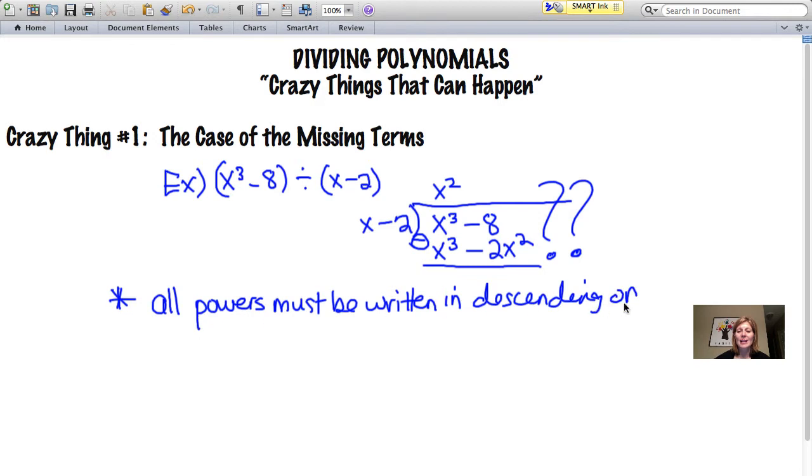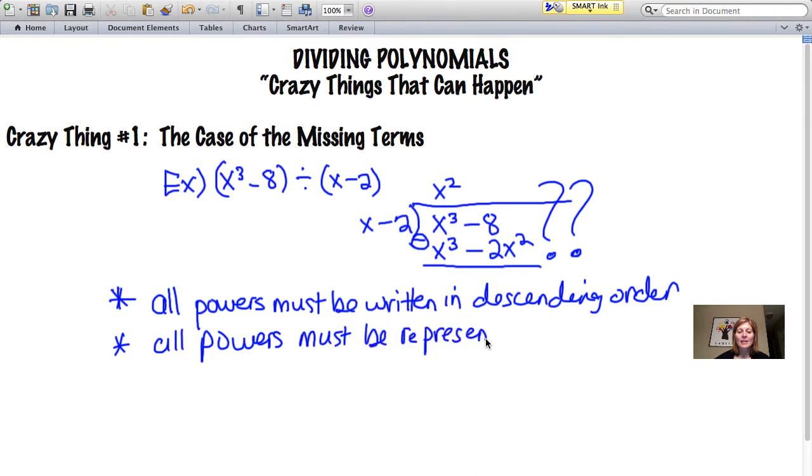And not only that, but all powers must be represented. That's both in the dividend, in this part here, and in the divisor, the thing that's dividing into it. All powers must be represented.